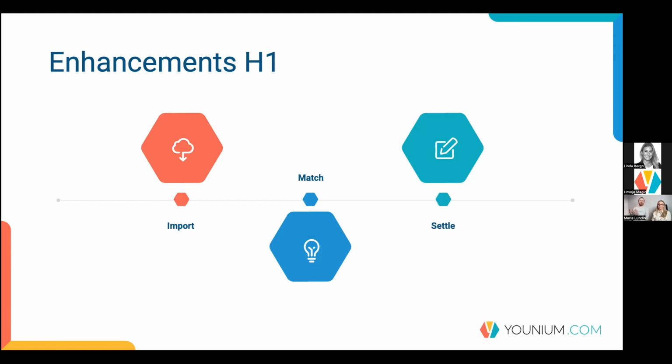But if you only have one, the bank will convert all the payments into your base currency, and then it won't match because the invoice maybe is sent in euro and your base currency is Danish kroner. Here we're actually developing now, because in Younium we know both the invoice currency and the base currency, how we can match it on a base currency level.